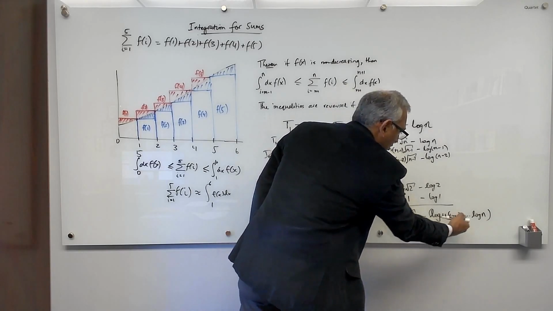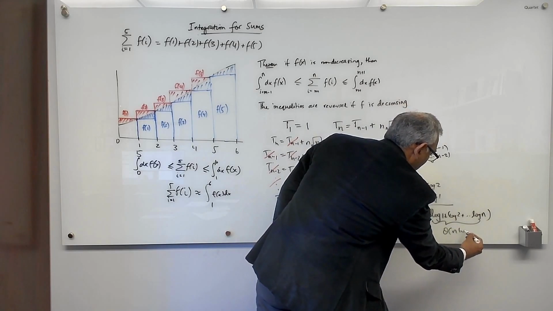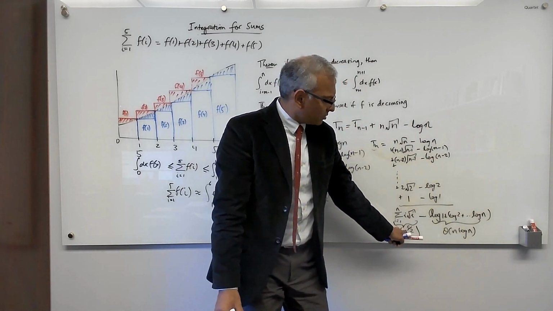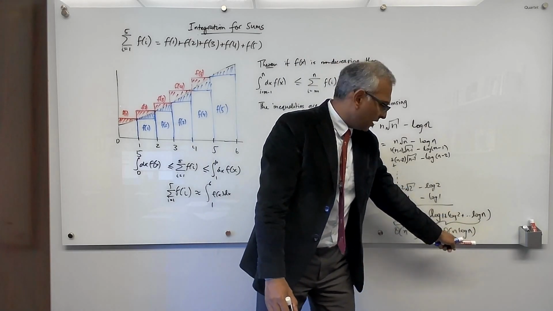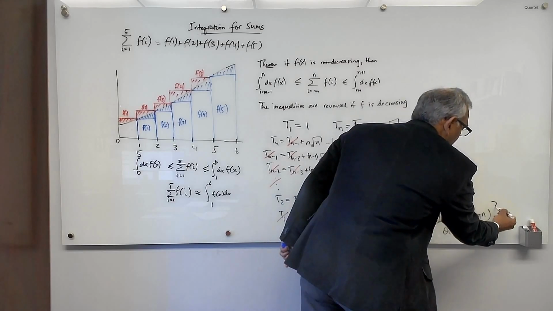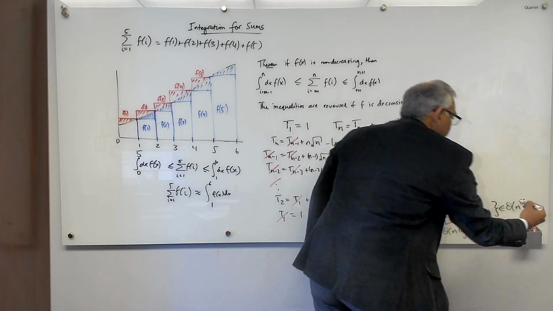And this other one is log of n factorial, so we know that this is in theta of n log n. This is the dominant term, so the whole thing is in theta of n to the 5 halves.